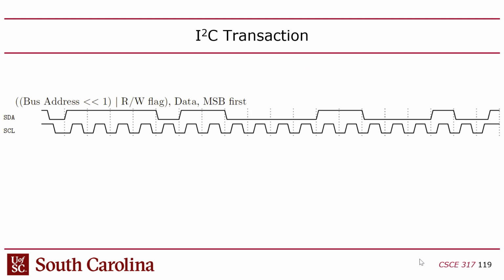Okay. All right, so here's an example. So what's going on here? Well, I can see the start here and the stop there. If I want to look at the bits that are transacted, basically I just look at when the clock is high.